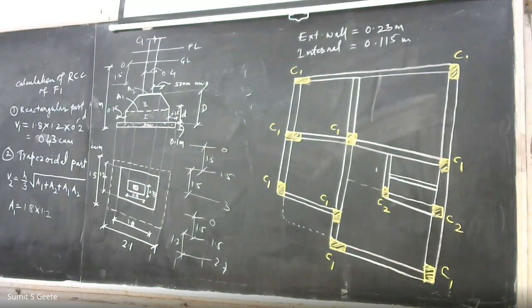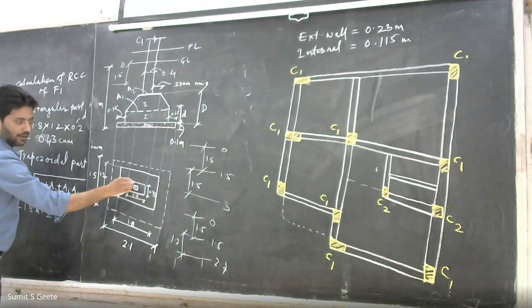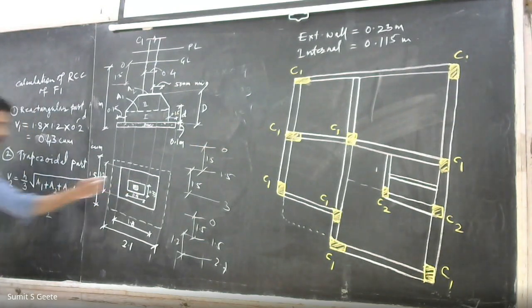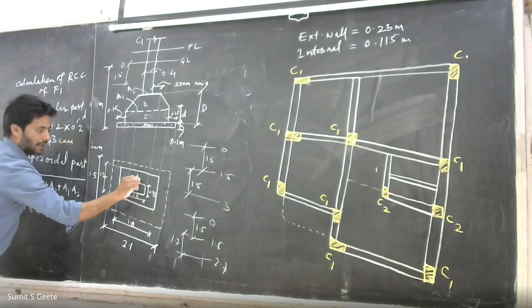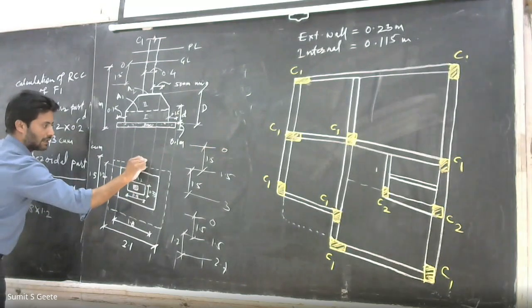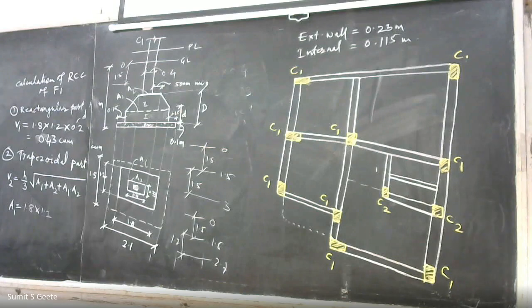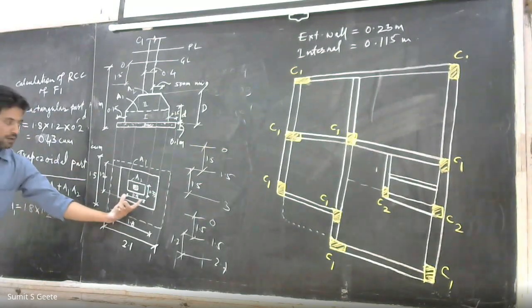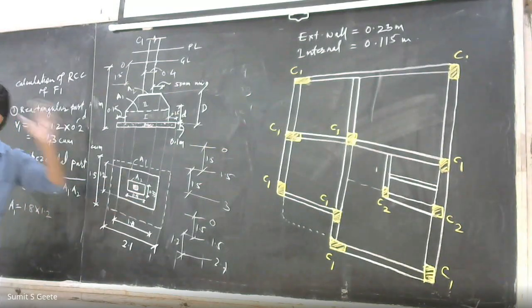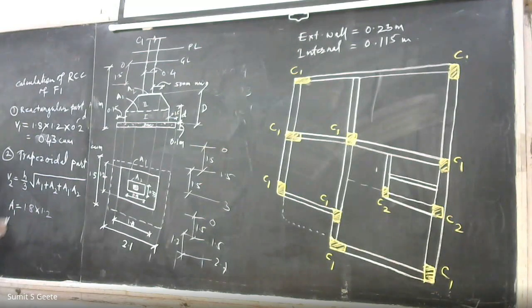अब इसमें A2 कौन सा हो जाएगा? ये portion, right? So this is A2 and this one is A1. तो अब ये A2 कितना है आपका? 0.5 by 0.33. So therefore A2 is 0.5 by 0.33.